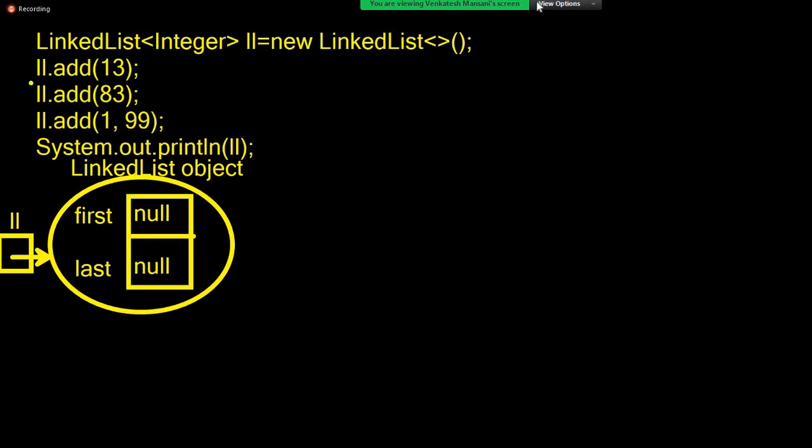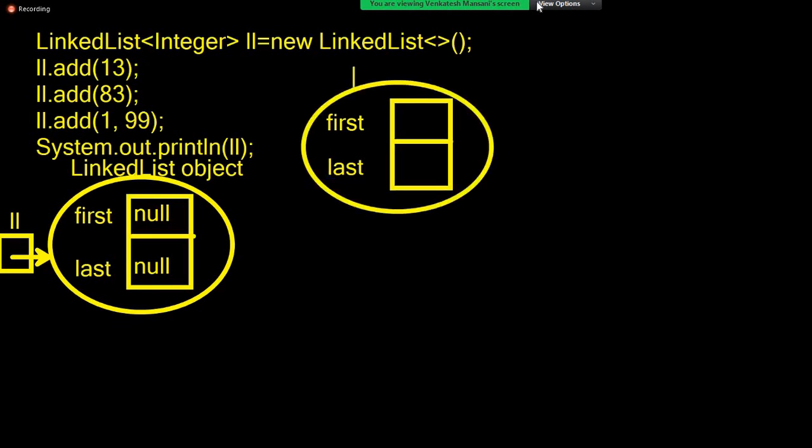When the second line is executed, what will happen first? This is as it is. First, last. Like this, the LinkedList object.